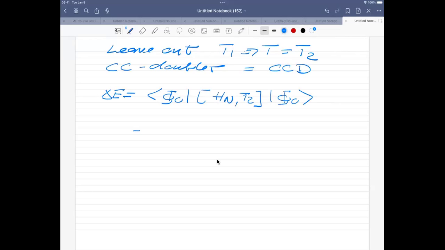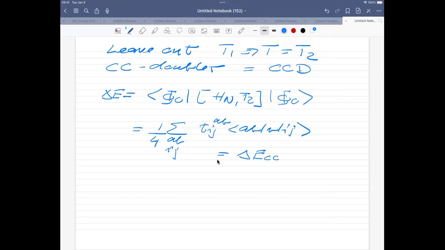This is equal to a sum over a, b, i, j of t_ij^ab, and since I'm summing freely, it has a factor of 1 divided by 4, and then the matrix element <ab|v|ij>, which is anti-symmetrized. We are going to call this delta E_CCD. That's the correlation energy, which we're going to calculate now, and we're going to try to find the expression for that.